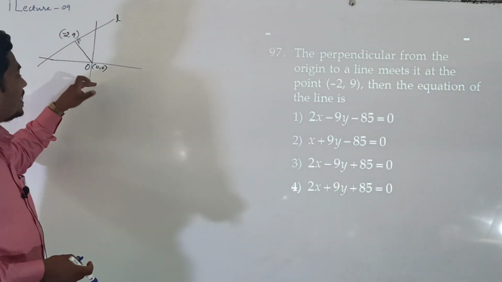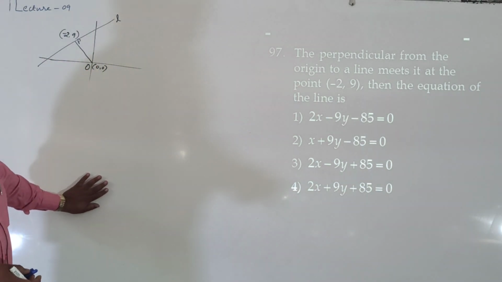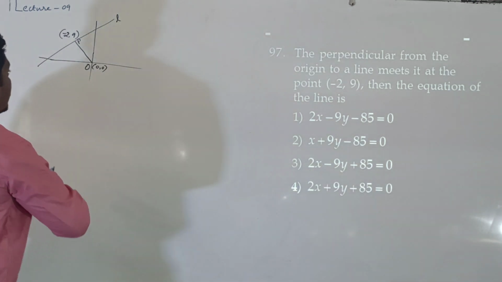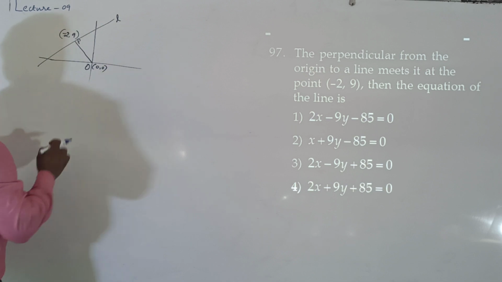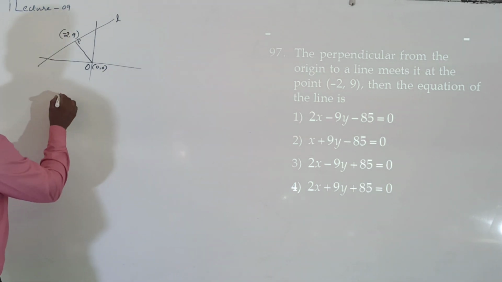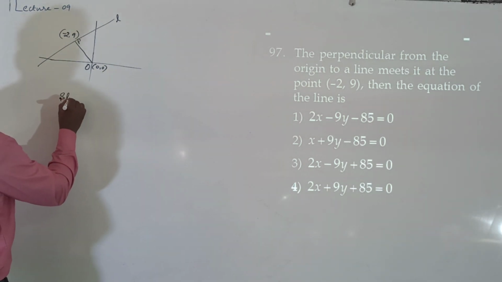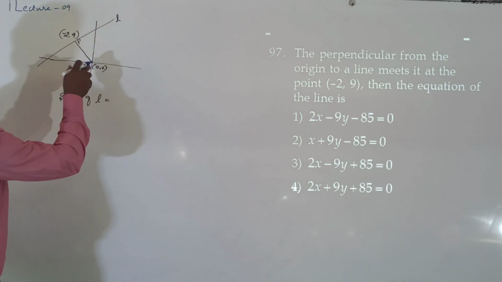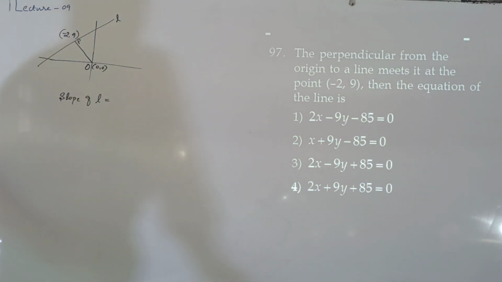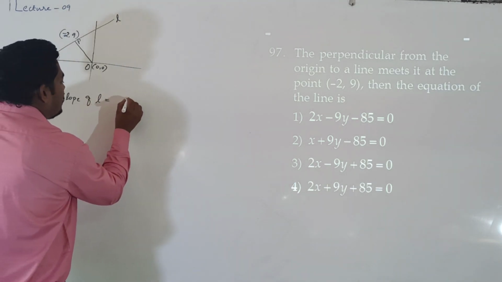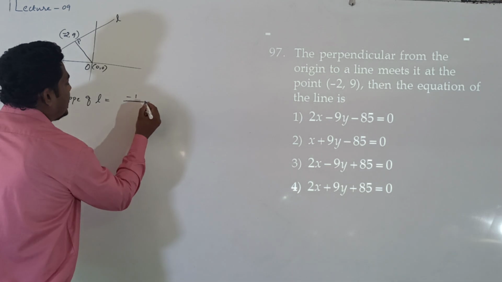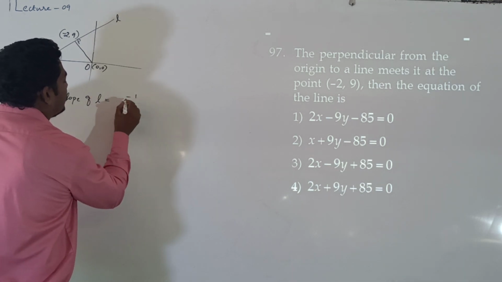In this case, we need to find the equation of line L. Tell me what is the slope of L. Clearly they have given OP is perpendicular to L, which means the slope of L is equal to minus 1 divided by the slope of OP.